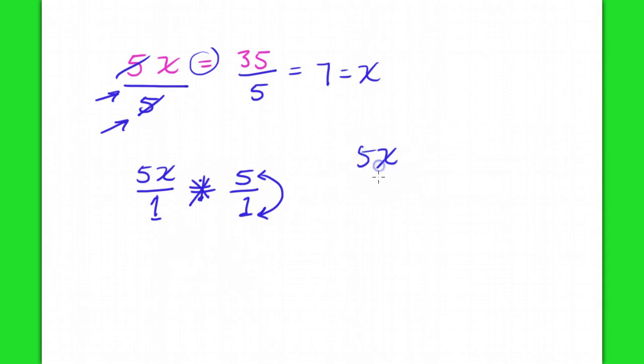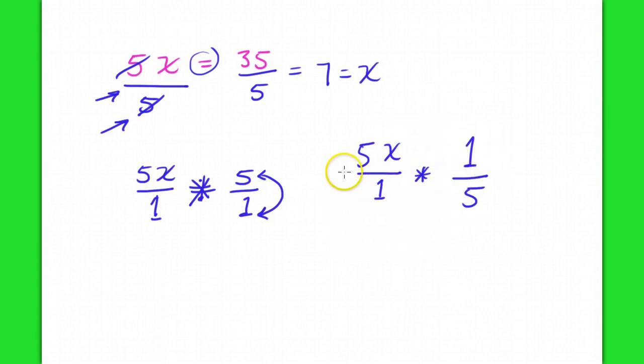So we get 5x over 1 multiplied by 1/5. 1 is the multiplicative identity, which means anything we multiply by 1 keeps its identity. So the 1 becomes redundant, and we get 5 here.